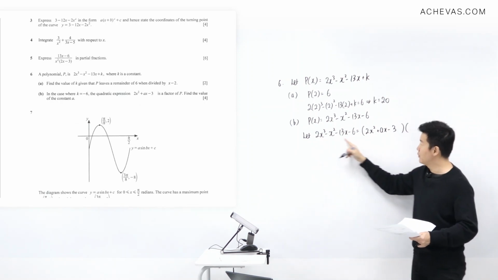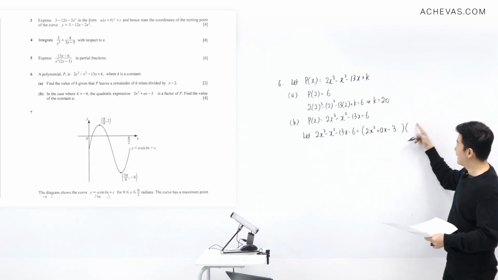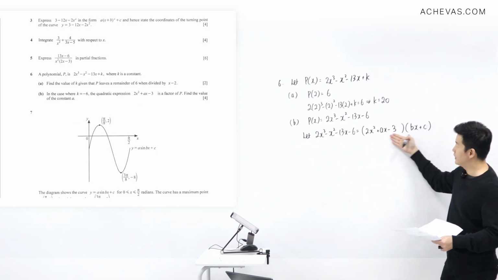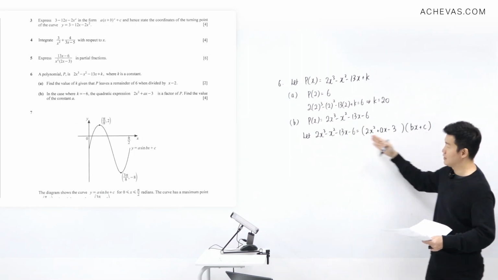This is x to the power 3, this is x squared, so the one that I'm going to be multiplying this with has to be linear. I'm going to call this bx plus c. So the quadratic factor multiplied by this is going to give me this.